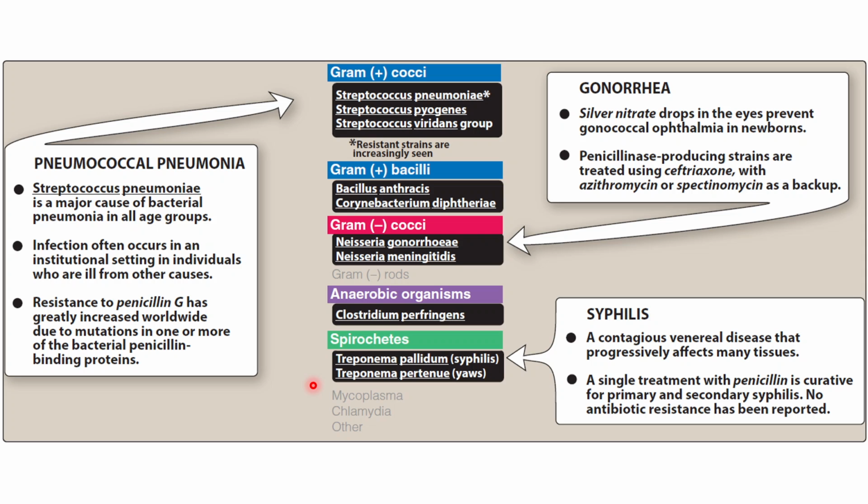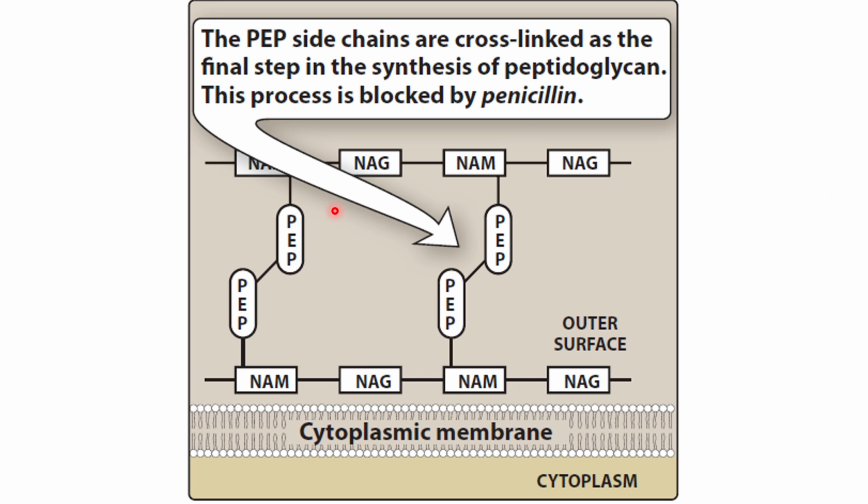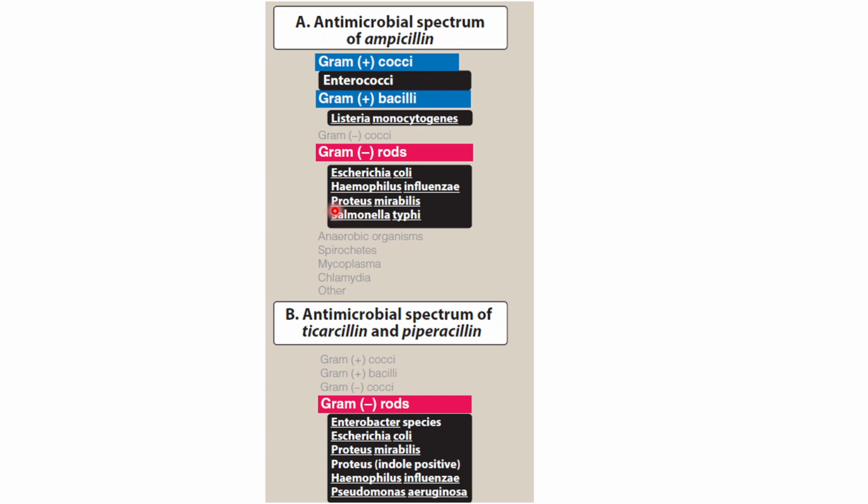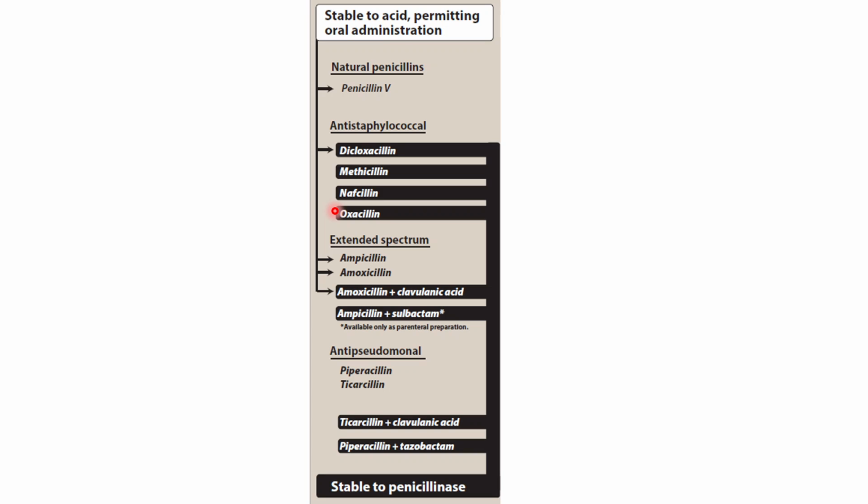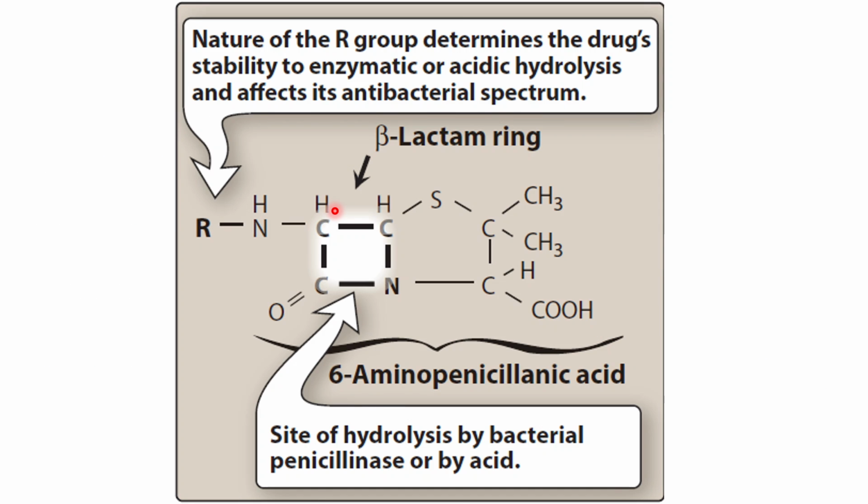and it is very important to remember the spectrum of action, so you know how to prescribe the drugs and recommend the drugs that are effective against the diseases. This is a basic spectrum, so we will add other bacteria because broad spectrum penicillins have a broader spectrum. They include everything that is listed here, plus additional bacteria.